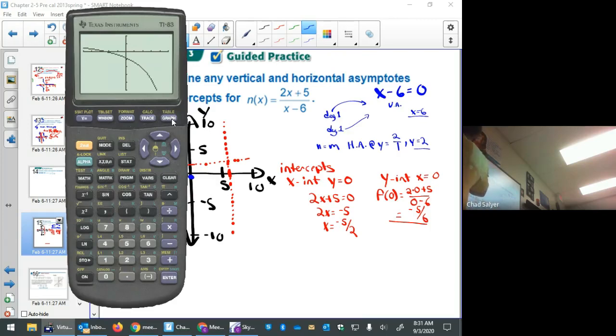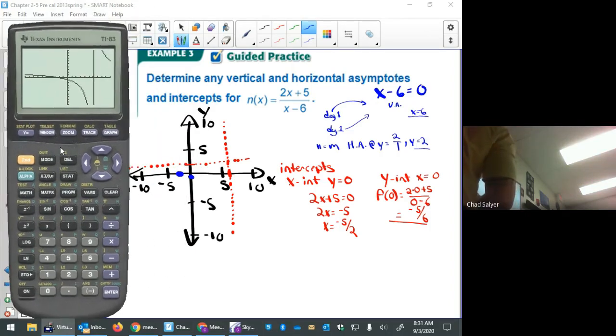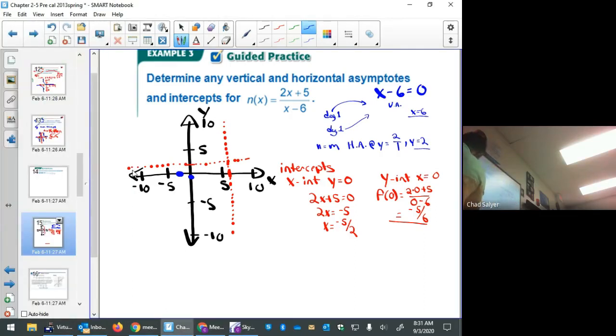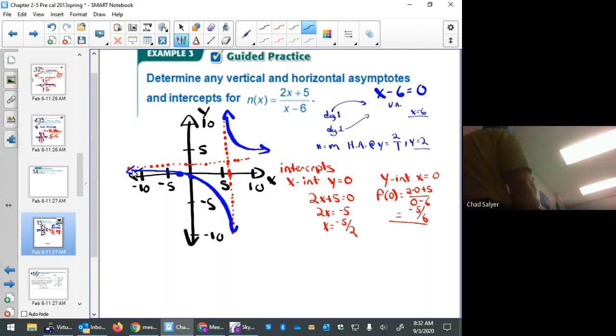Let me zoom standard here. Yeah, okay. Ride the asymptote. Like so.